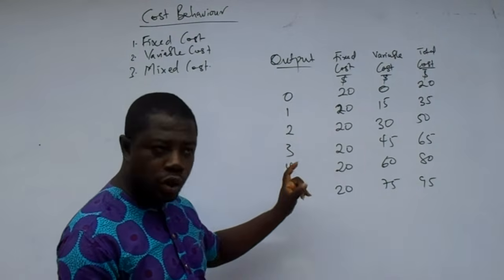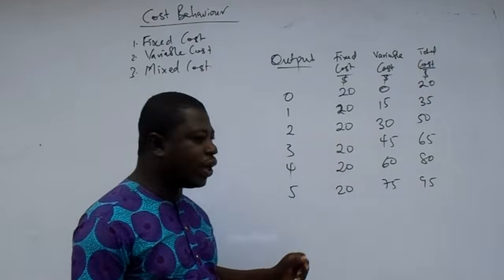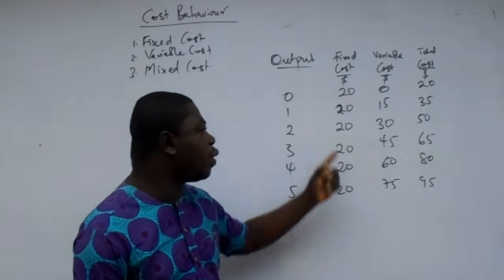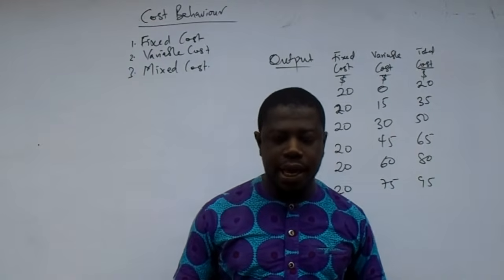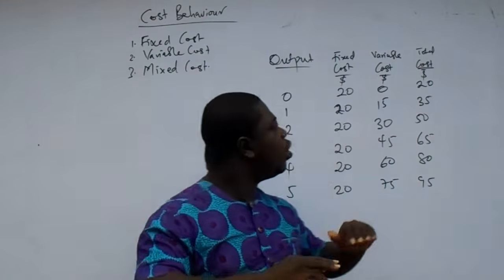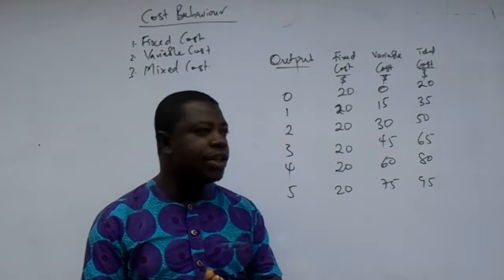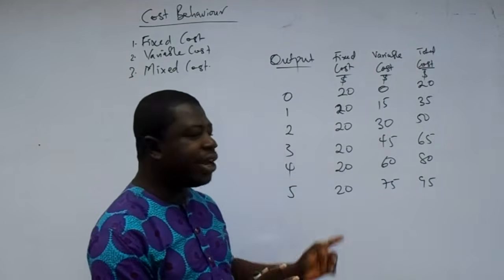That is what we mean by fixed cost. Now, take note also that let's assume that this $20 is cost for rent, and so the rent of the premises that they are using to produce is $20, and so whether they are producing or not, they are paying rent.